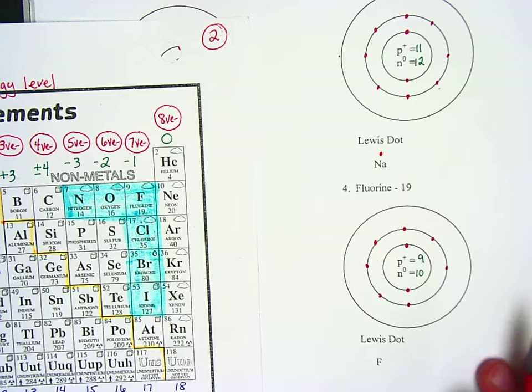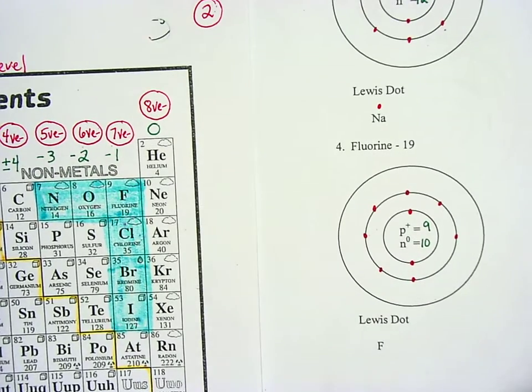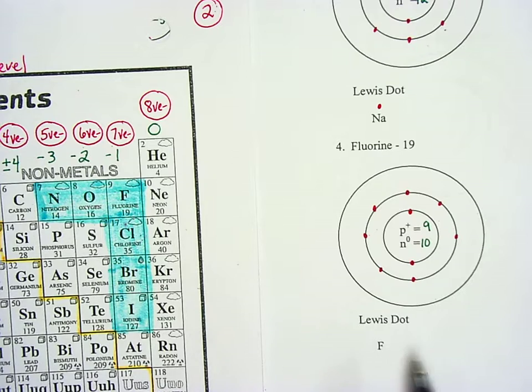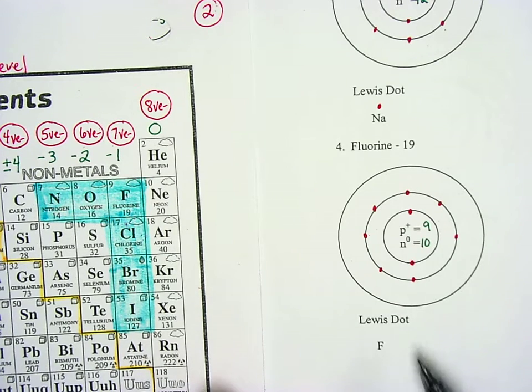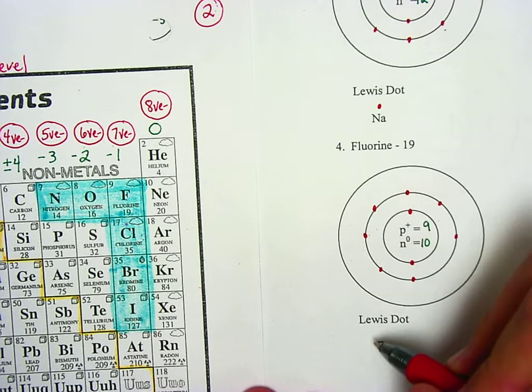Now for the Lewis dot picture. I'm going to zoom in a little bit. So we have the symbol F. We're placing the valence electrons around the symbol, which means there's a total of 7. Here's how we do it. Remember, we're imagining there's an invisible box around the symbol. So we're going to place it in this order.